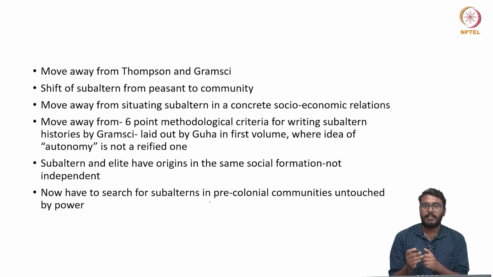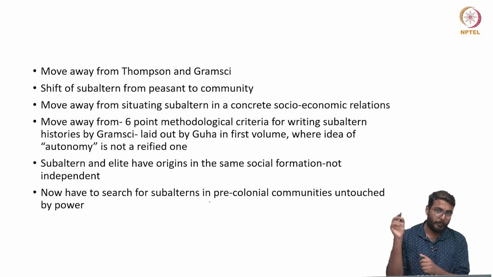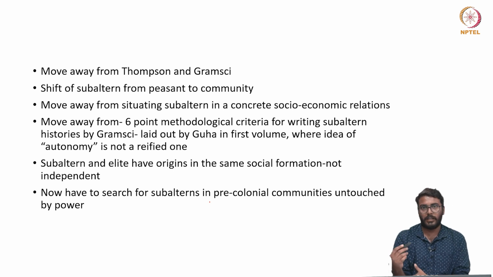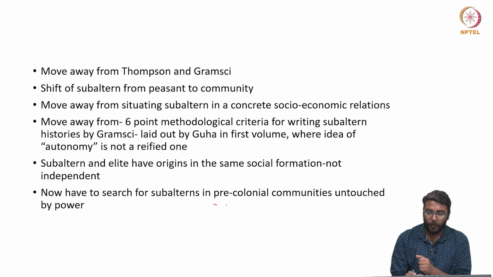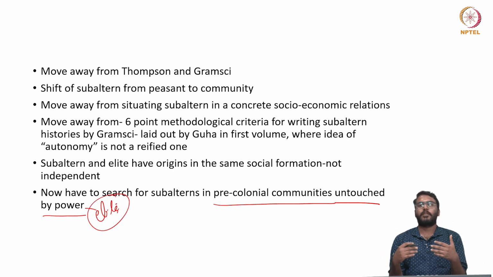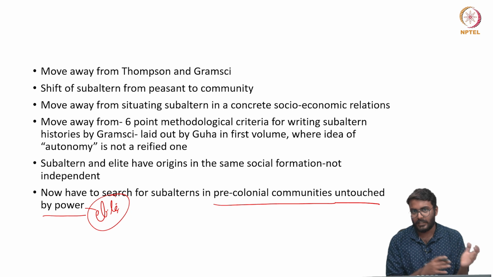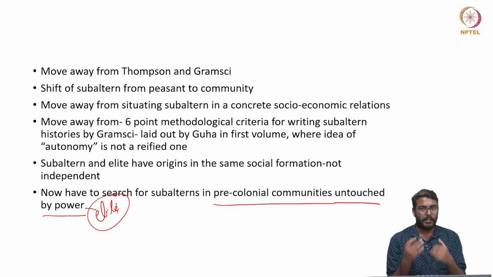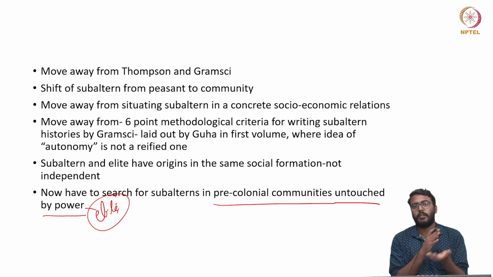That is why there is an attempt to look for subalterns in pre-colonial communities untouched by the power of the elite, right. So, this is also very similar to what Jawaharlal reminded us of. This is a consequence of the bifurcation of the category of elite and subaltern, autonomy and domination.